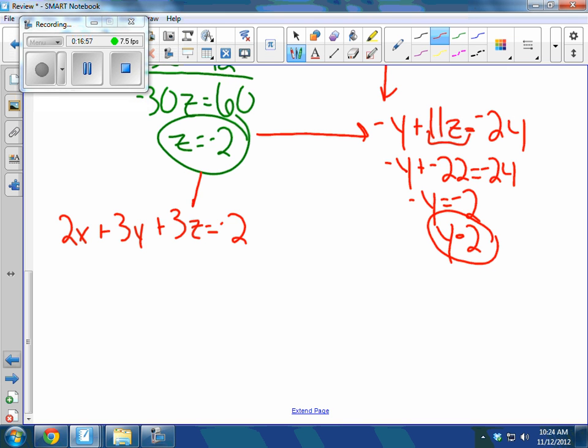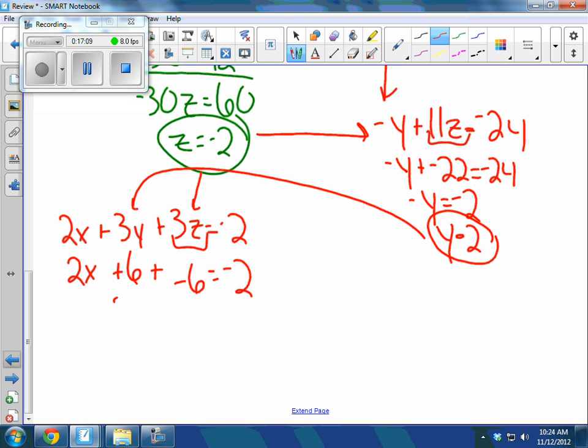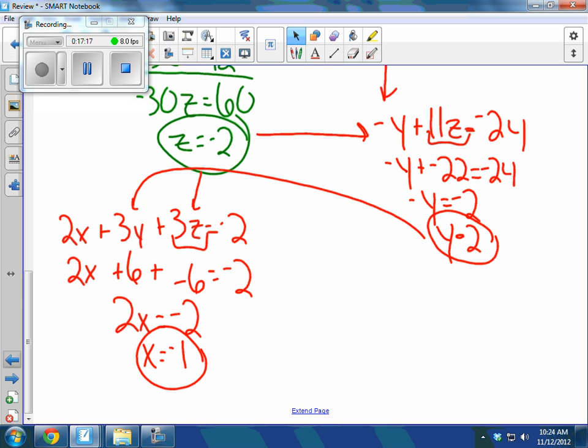And I'm going to make this term become worth negative 6. And I'm going to take this term and make it become a positive 6. And then clean it up. The 6's add up to 0, so I get 2x equals negative 2. So when I'm done, x is negative 1. And that is the final problem for the second objective.